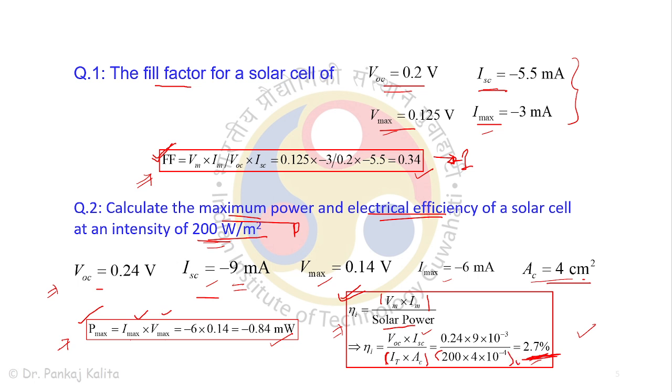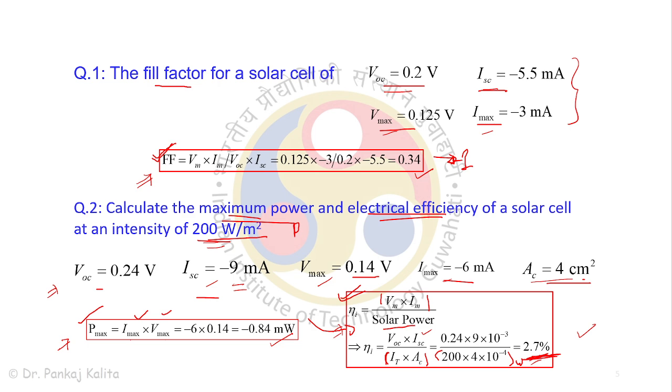Now we are talking about the output. In the output we have Vm into Im, that you will put as 0.14 into minus 6 milliampere. So you might have put these two values, right?